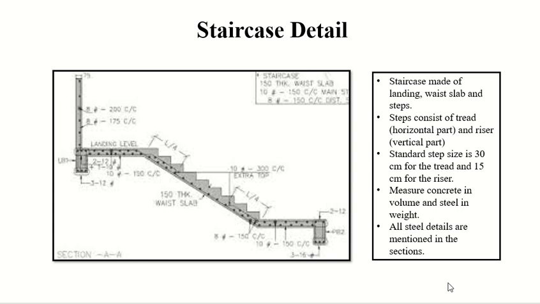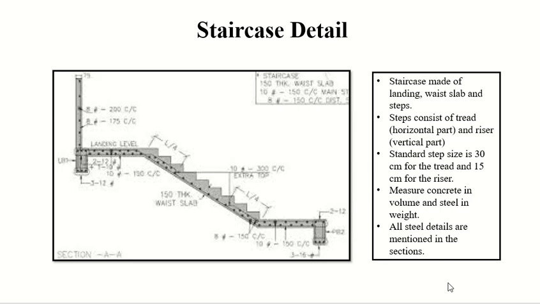One more thing you can see is all steel bars are given center to center spacing. You will see the same thing for footing and for roof slab as well. So in slabs, reinforcement is given with the spacing. How will you calculate the length?